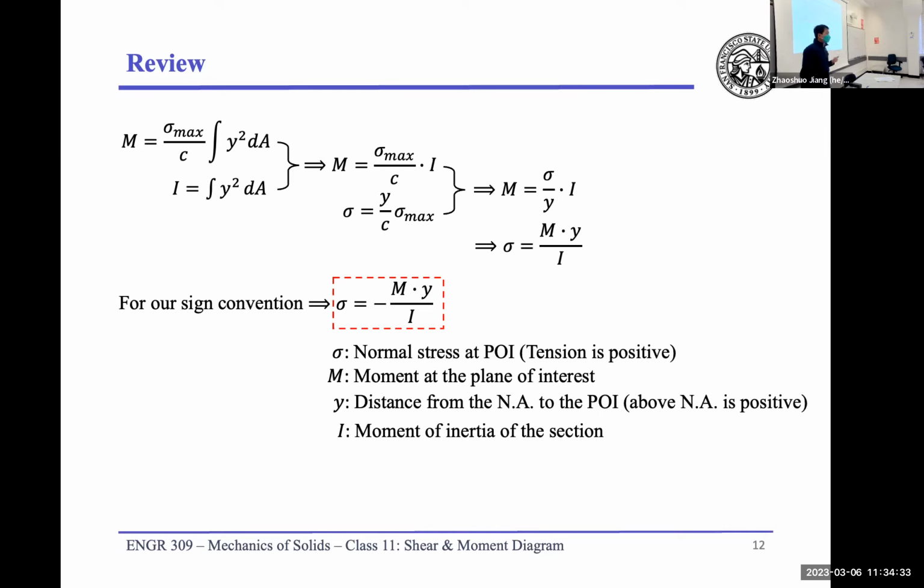As soon as I give you a point along this cross section, you will know where the point of interest is and where the y is. Another unknown here is your moment of inertia. So here is a question for you. For a rectangular section, what is the equation for the moment of inertia?